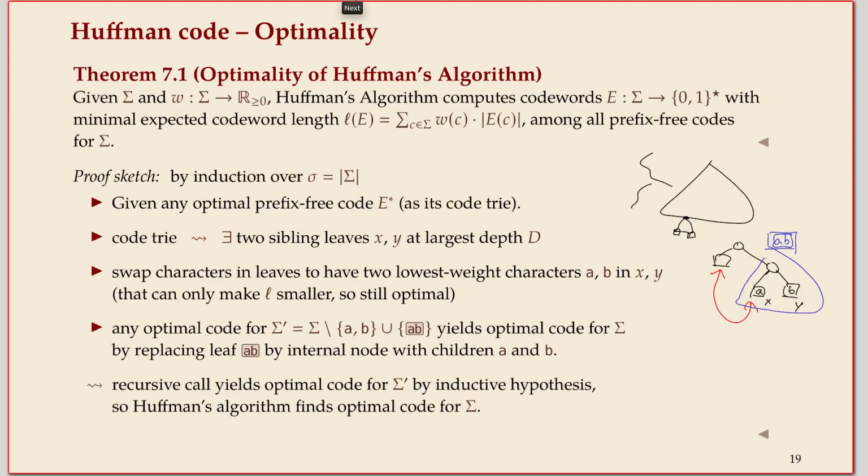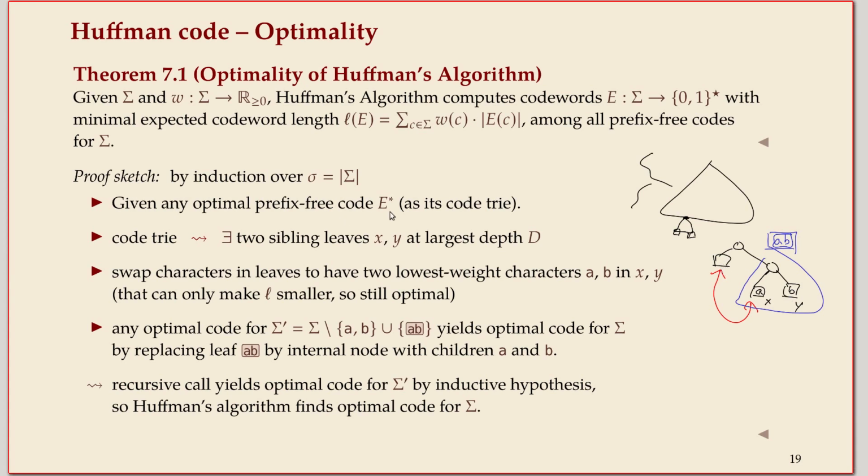So that's the first argument here. Whenever I have a trie, I can keep the shape and swap the letters in the leaves around. That leaves me with another valid code. Now, if I started with an optimal code, swapping characters around should only make the code worse. It can never make it better. But at the same time, putting the 2 lowest weight characters in the deepest leaves of the tree can only make the tree better. If originally these lowest weight characters were somewhere else, I could swap them to those deepest leaves.